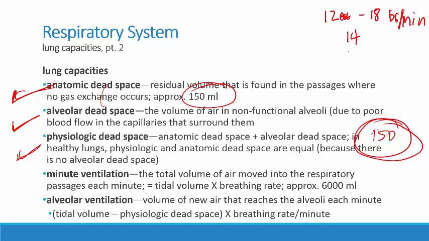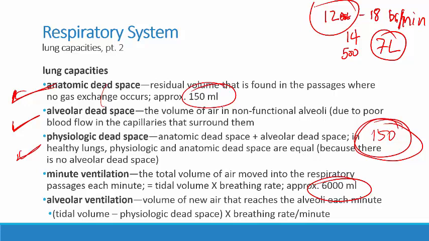If each one of those breaths had 500 mils in it, then we would be talking about 7 liters. So the book gives us approximately 6,000 mils, and that's because they're going with that 12 breaths per minute number to determine minute ventilation. So you would just take however many breaths there are in a minute and multiply that by the tidal volume of each breath.